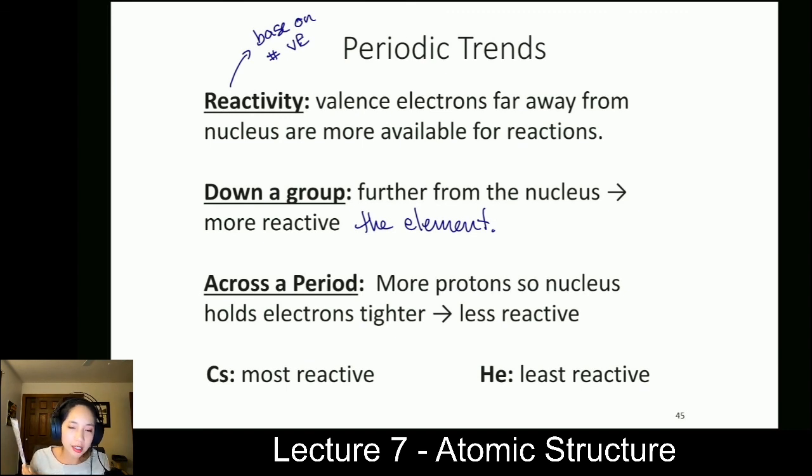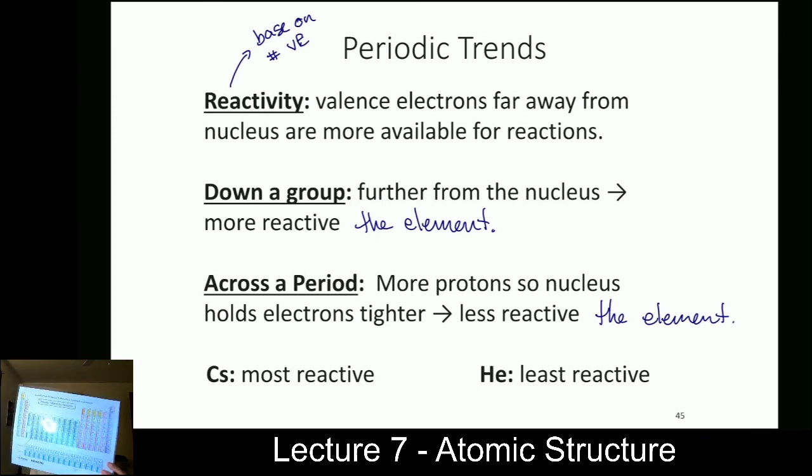Protons could be like the parent's strength in wrangling their kids. So the more protons, the more strength that parent has to wrangle their kids, the less reactive that element is going to be.